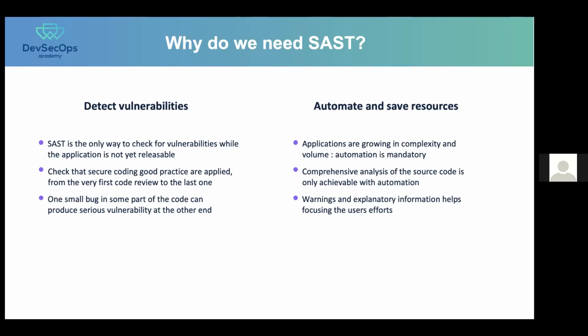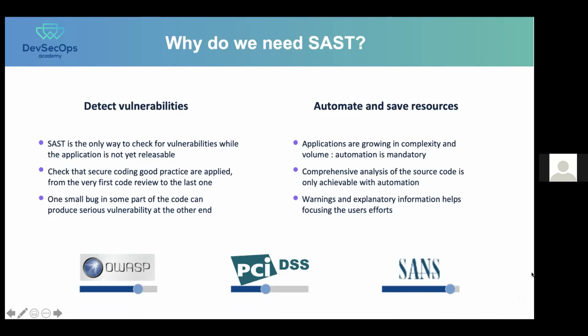Those tools will also draw your attention to warnings. Every time a suspicious area is detected in code, you will be warned to be careful, there is a problem in that part of the code. And they will provide some explanatory information to help you understand what's happening and focus your efforts.